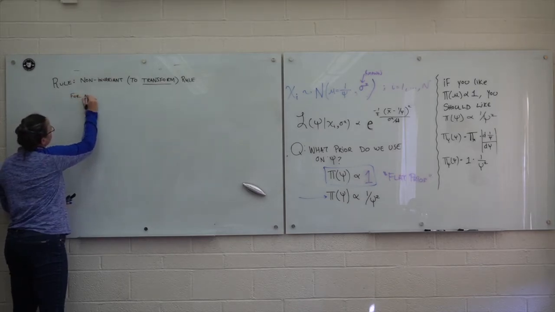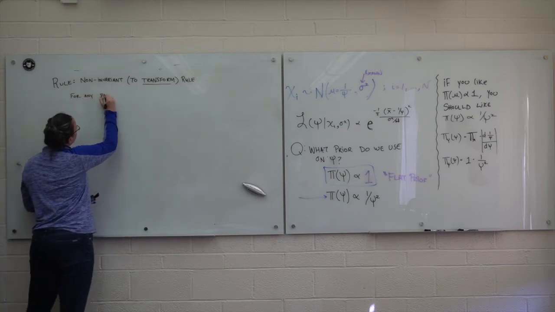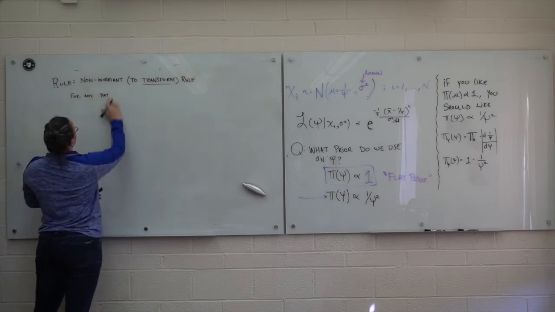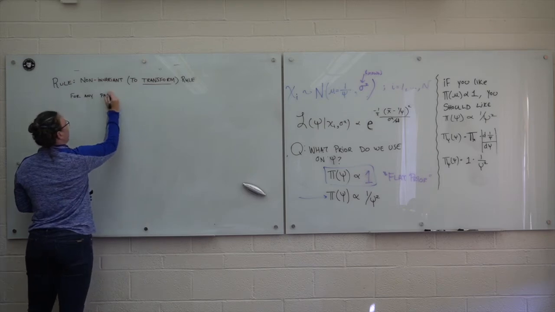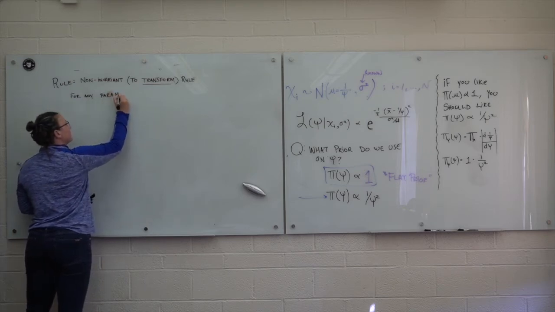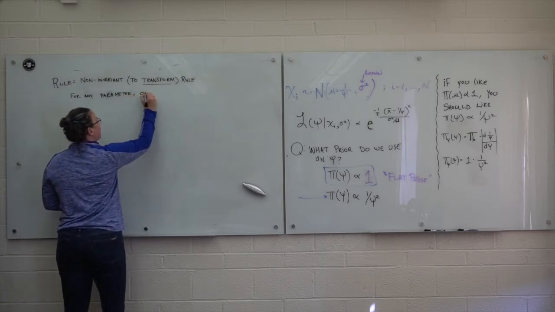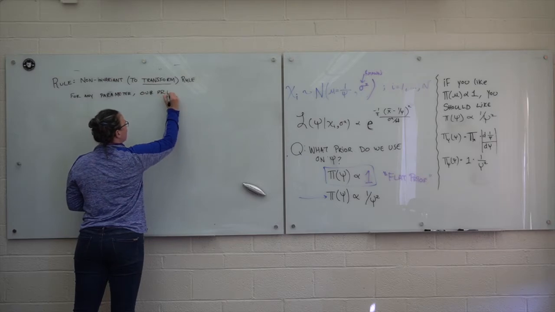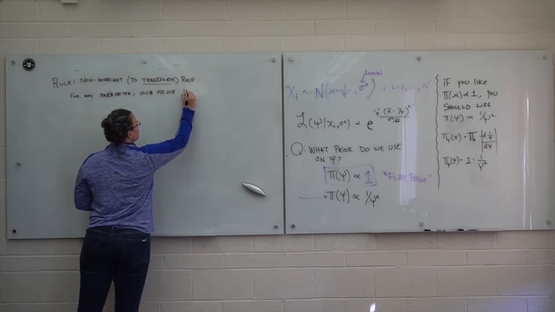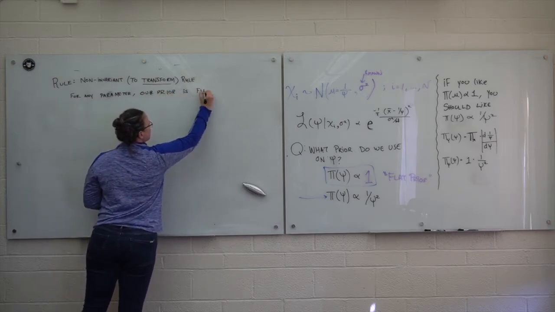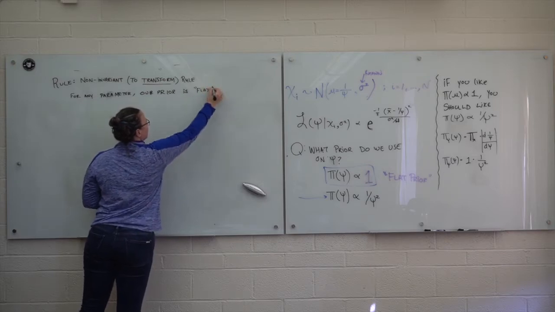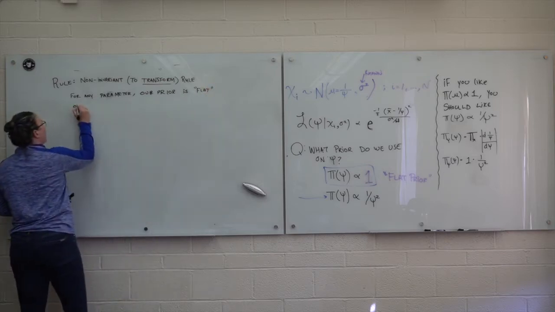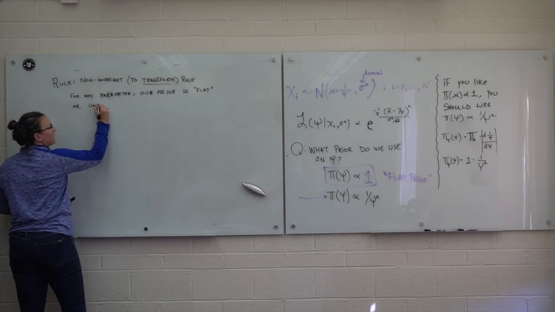Okay? So our rule is for any parameter our prior is flat or uniform prior.